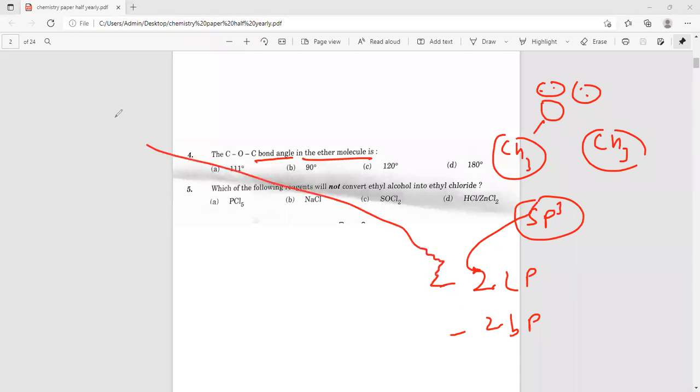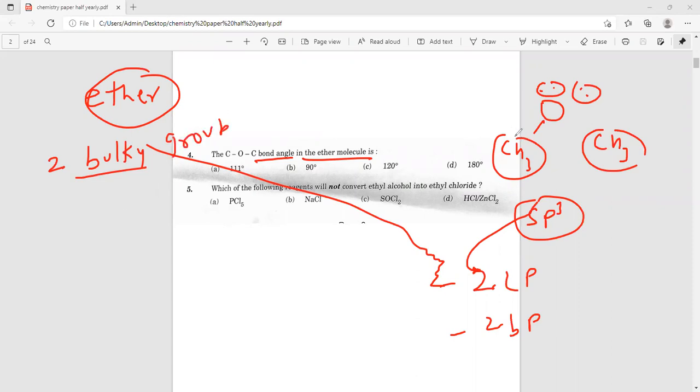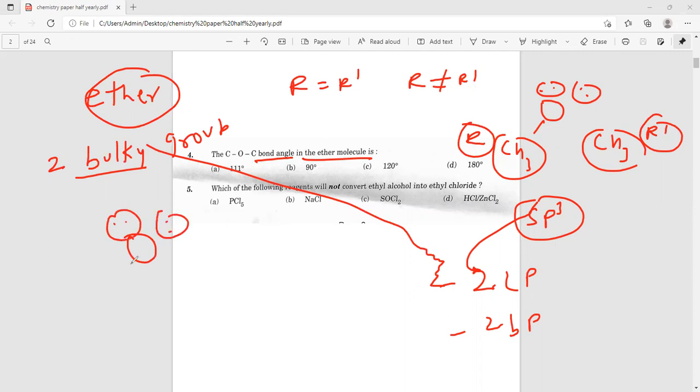But in case of ether, two bulky groups are there, R and R dash. R may be the same or different, R equal to R dash or R may be different from R dash.